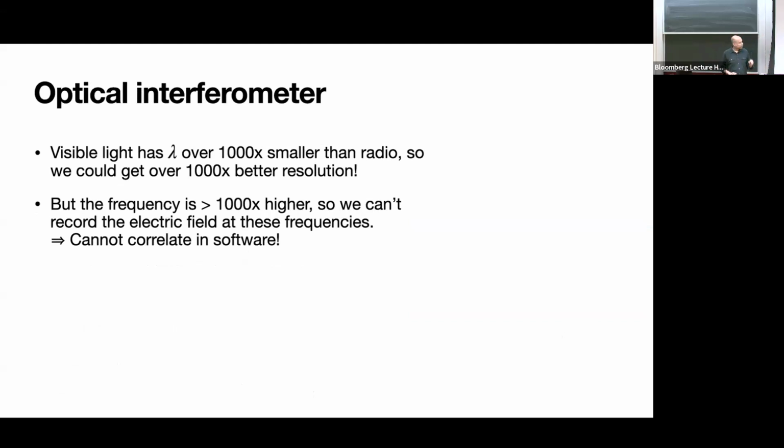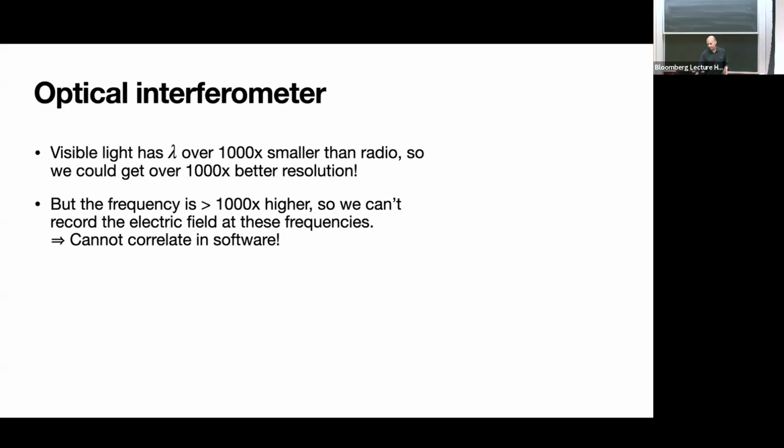However, there's a challenge in doing this. Because the wavelength is thousands of times shorter, the frequency is also thousands of times higher. So in practice, there's just no practical way to record the electric field at visible frequencies, preserving the oscillation. Therefore, we cannot do optical interferometry the same way that we do radio interferometry.